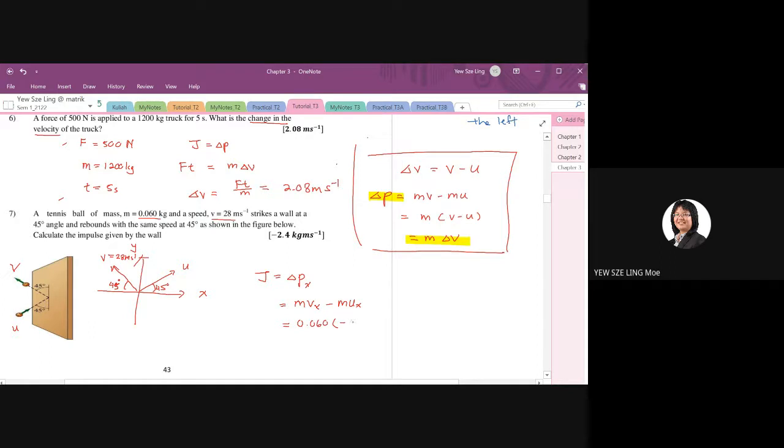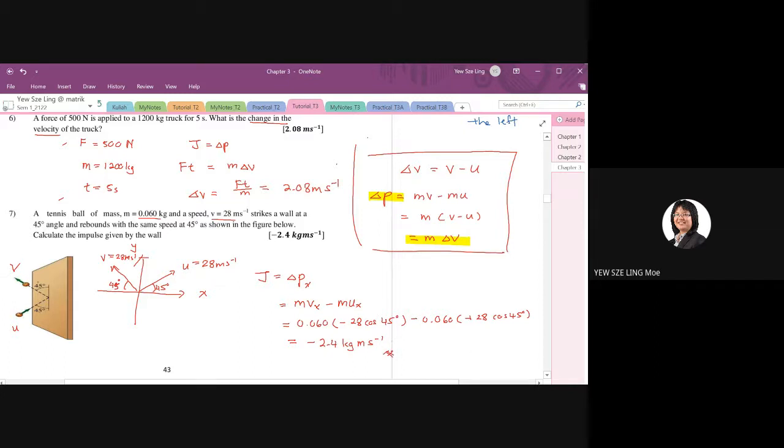So negative 28 cos 45 degrees, minus 0.060 times u, which is also 28 meters per second, but now it's located in the first quadrant. You have positive x, so positive 28 cos 45 degrees. Therefore, total J equals negative 2.4 kg m s^-1. So that is our final answer.